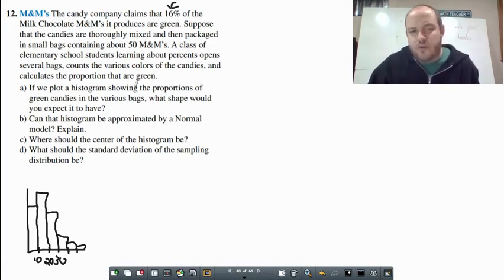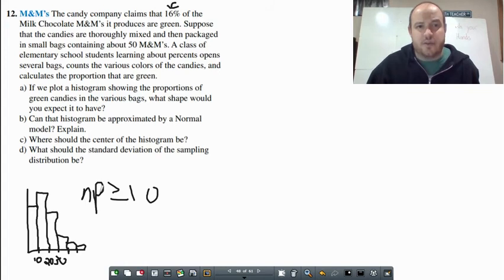The only one we would have to check is that success-fail condition, which says that n times p must be greater than or equal to 10. In this case, n would be 50, and our p is 0.16. If we multiply that out, we find that it is actually equal to 8, which means we fail the success-fail condition.